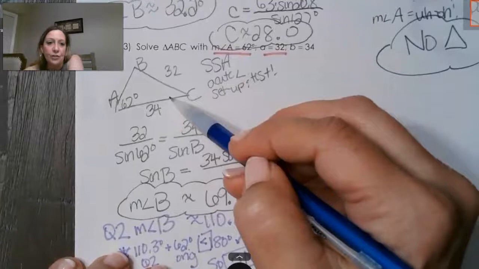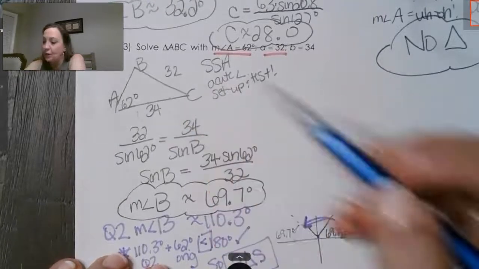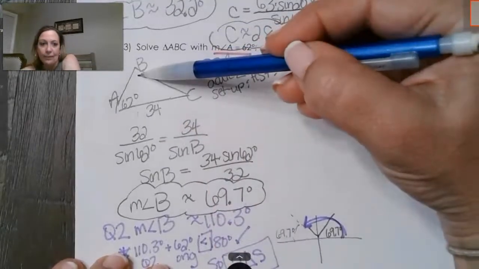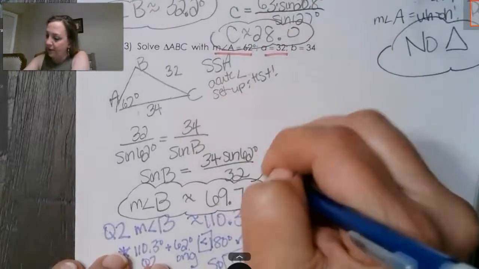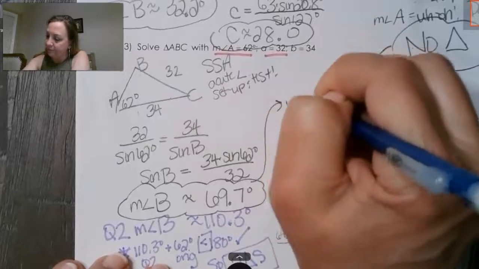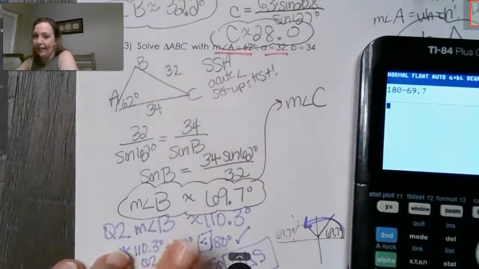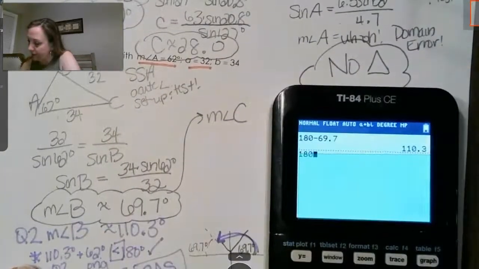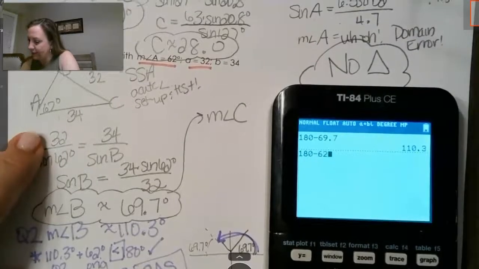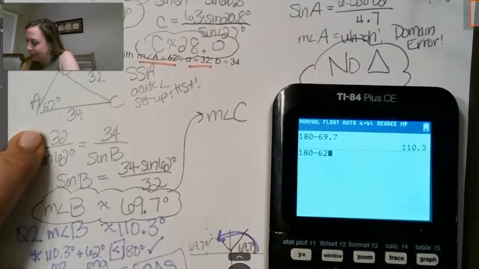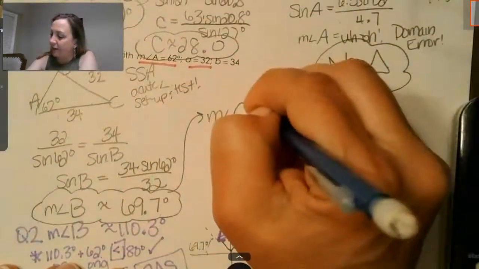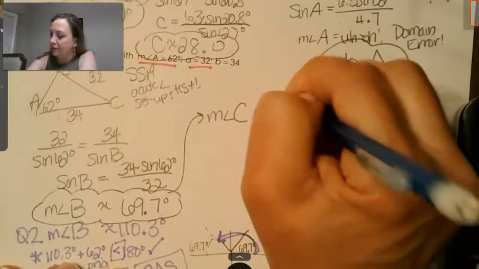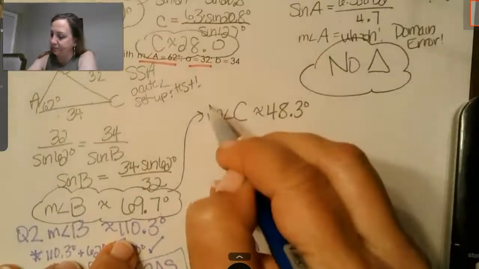We knew that our original angle was 62. So when we think about putting 69.7 degrees for angle B, to find our third angle, angle C, we would have to take 180 degrees minus the given 62 minus the 69.7. And that gives us the third angle of the triangle, which is 48.3 degrees.